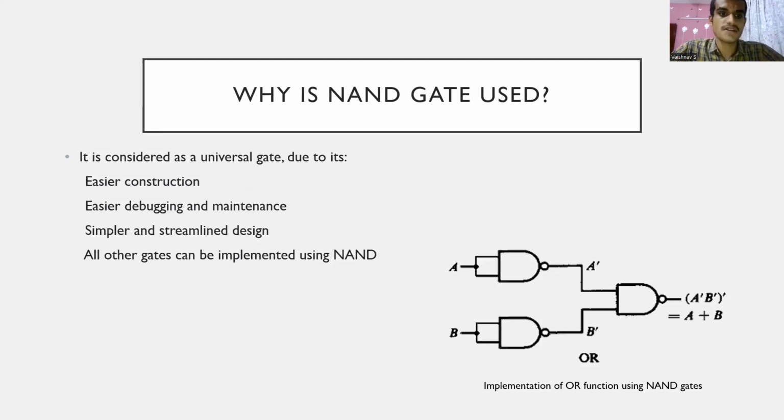But most importantly, all other gates or Boolean functions can be implemented using NAND gates. So in the figure I have provided below, it shows the implementation of the OR function using NAND gates only, using two inputs A and B.